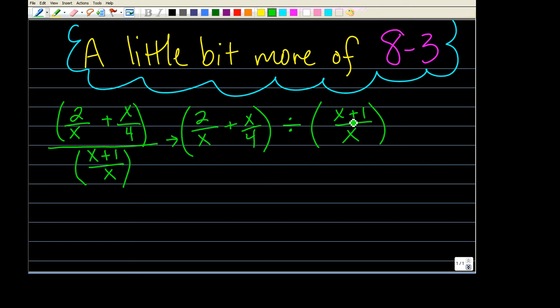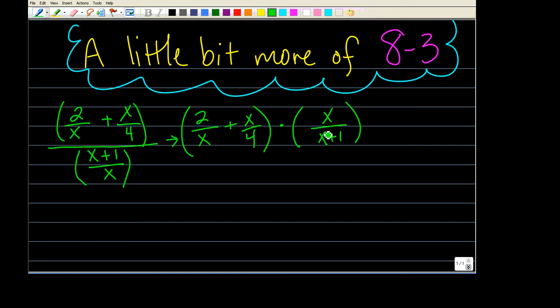When dividing fractions, don't ask why, or don't be shy, depending on which version of that song you like. Flip this second and multiply. So I'm going to change this thing to multiplication. So let me just get rid of that and rewrite it as multiplication. So here we go. So times x over x plus 1.